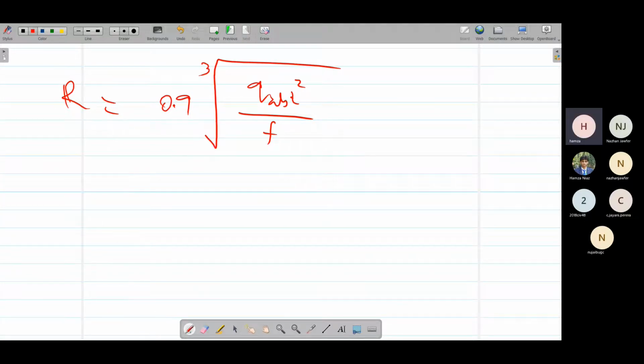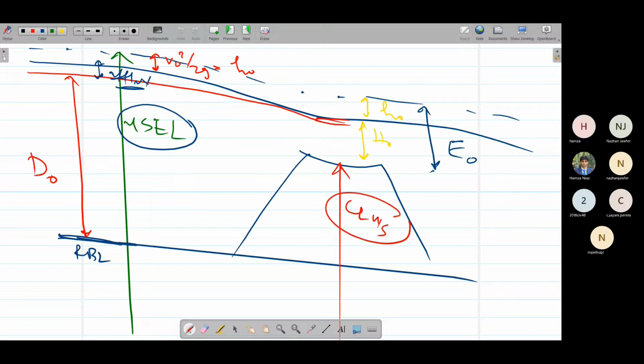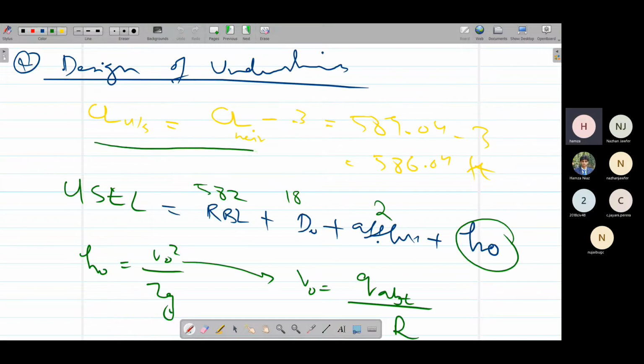Now in case of this q abutment for undersluices, we'll use this q as 1.2 times q. We are assuming that 20% more water is passing through undersluices because the undersluice portion is lowered by 3 feet. We have automatically assumed this crest level is 3 feet below. So we are lowering the portion of undersluices, so more water would pass through these undersluices.